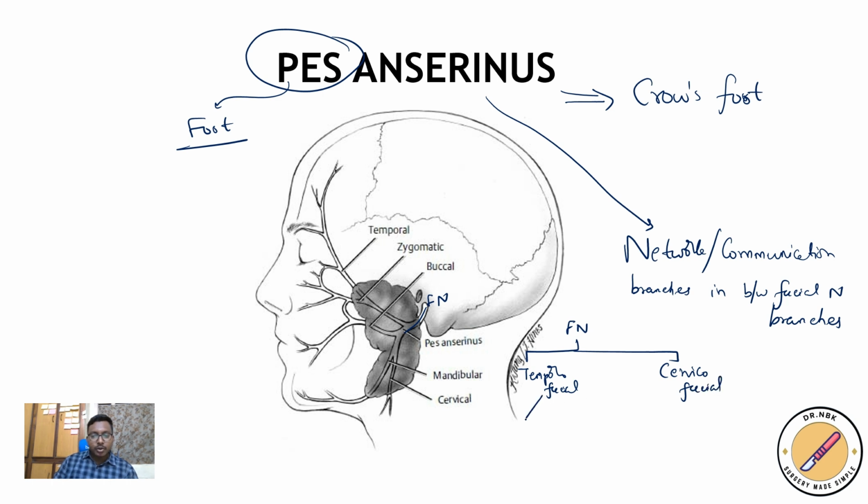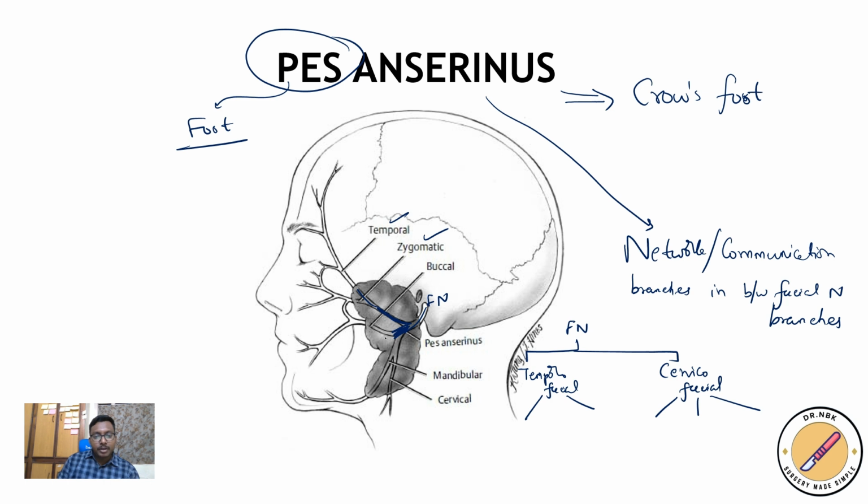As you can see here in the picture, this is the temporofacial division, and this is the cervicofacial division. Temporofacial division again is giving two important branches. One is temporal, second one is zygomatic. Whereas cervicofacial is giving three important branches.